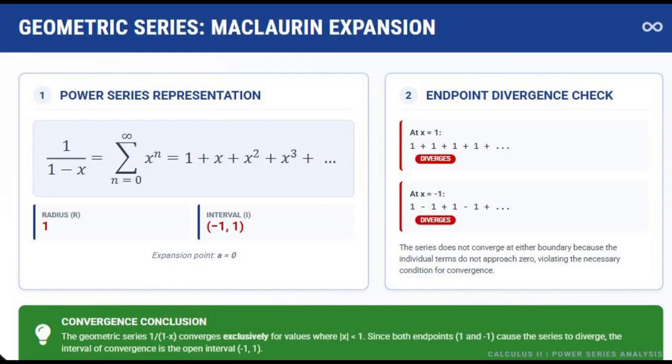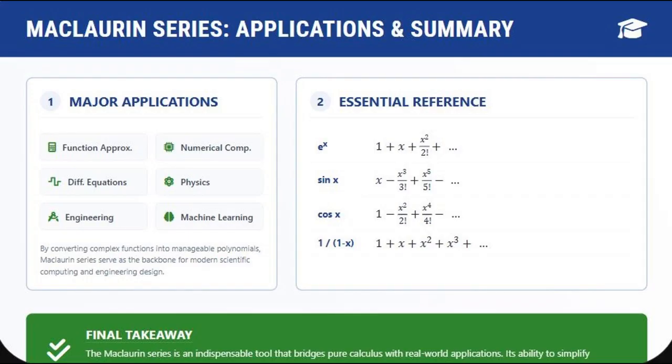The series also diverges. Therefore, the final interval of convergence is the open interval from -1 to 1. This example shows why endpoint checking is an essential part of studying power series.